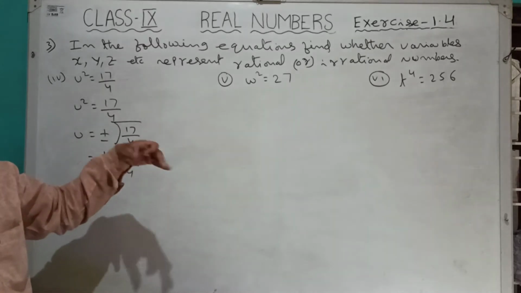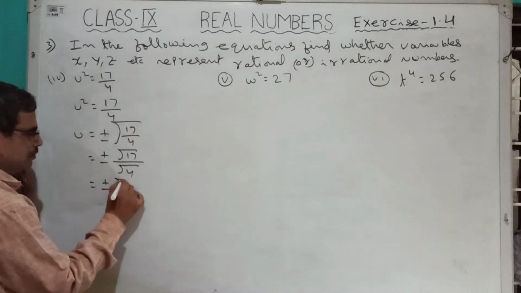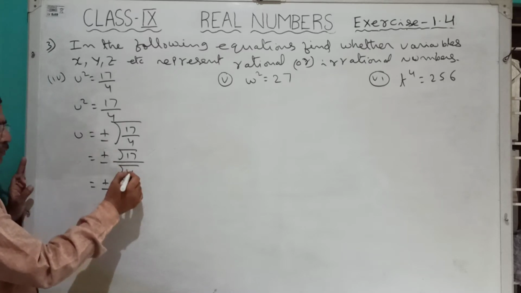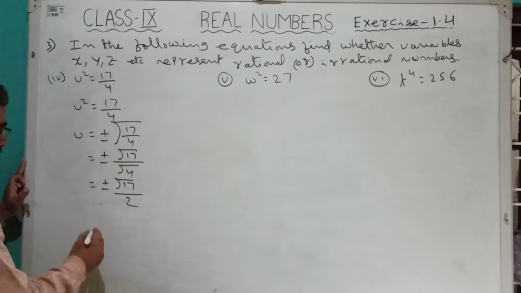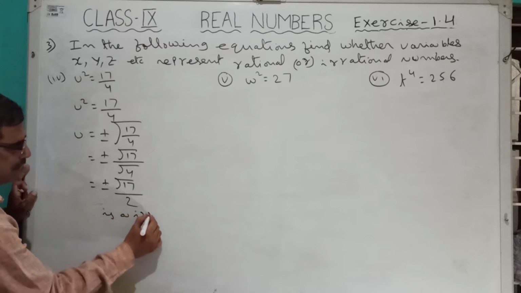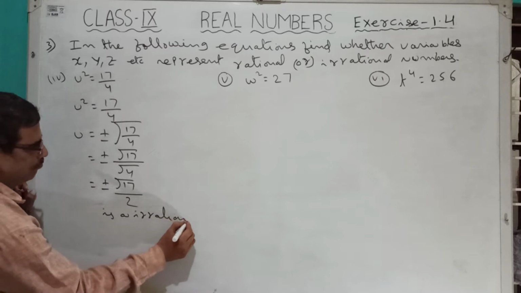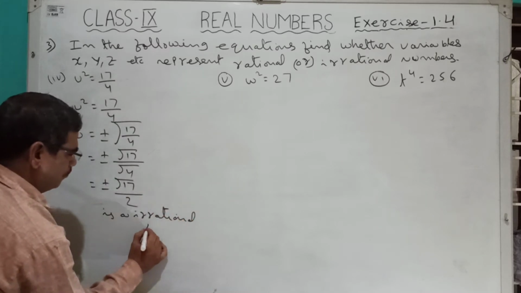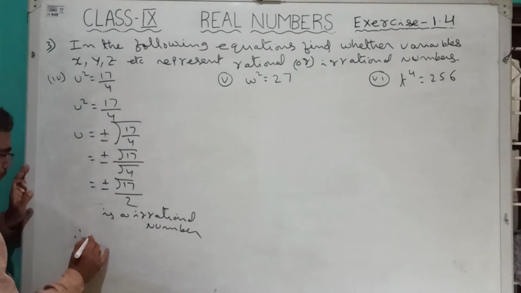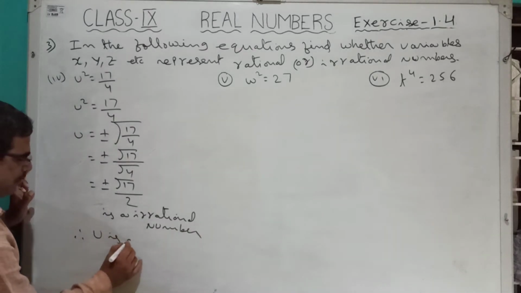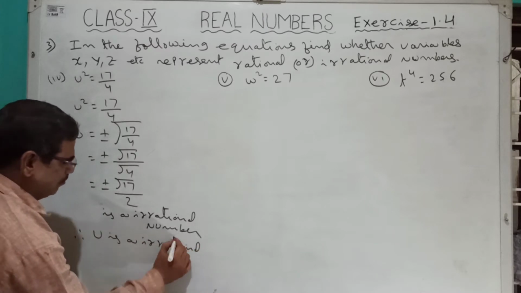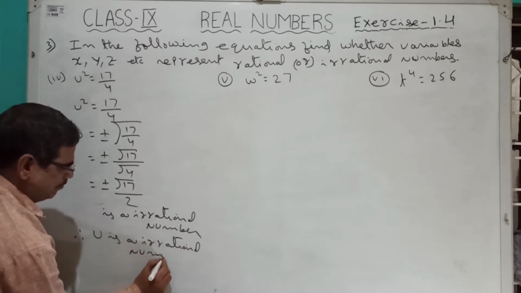For root 17 there is no value, so that is an irrational number, divided by square root of 4, which is 2. So this is an irrational number. Therefore u is an irrational number.